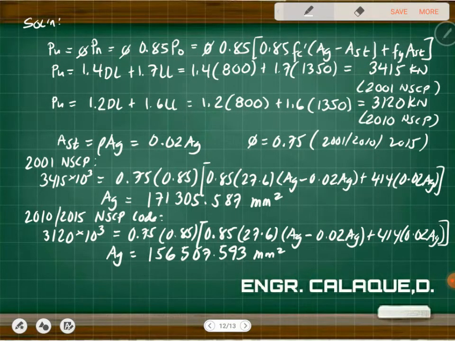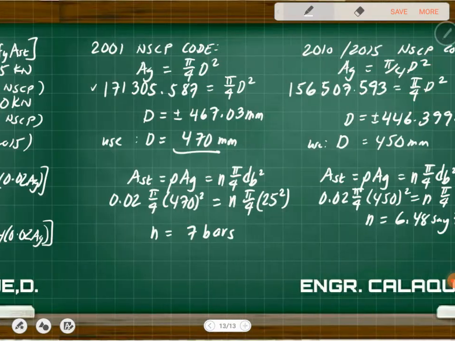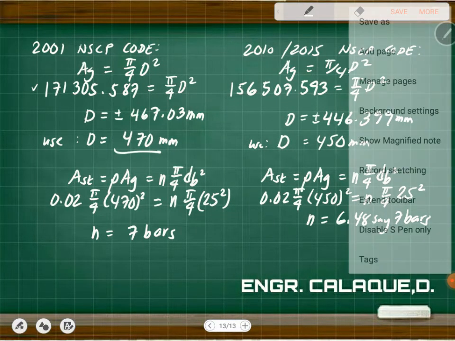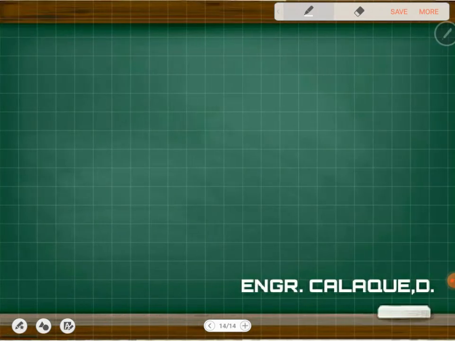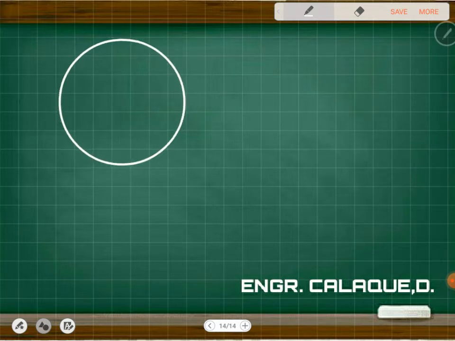So next nating kukunin is yung spacing, yung spiral pitch. Okay, so meron tayong 7 bars. So let's say ito yung bars ko yan. So yan 7 bars. So paano ko siya? Dito na lang.